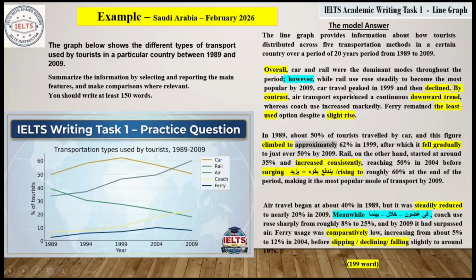Car travel peaked in 1999 and then declined. Can you see however? If you see however, you will find that there is a semicolon before however and a comma after however. Why? What is the reason? Who can answer?